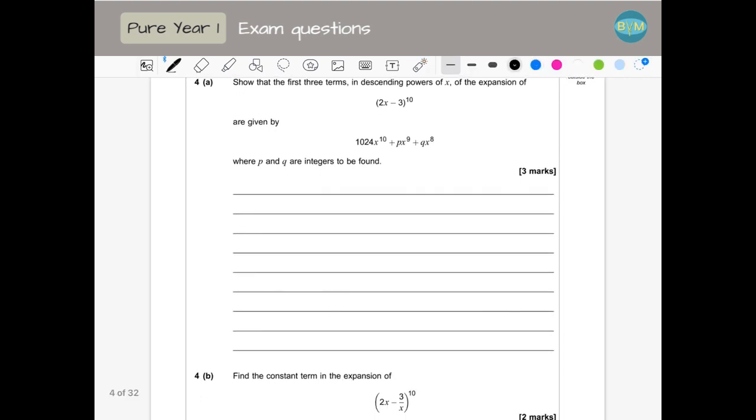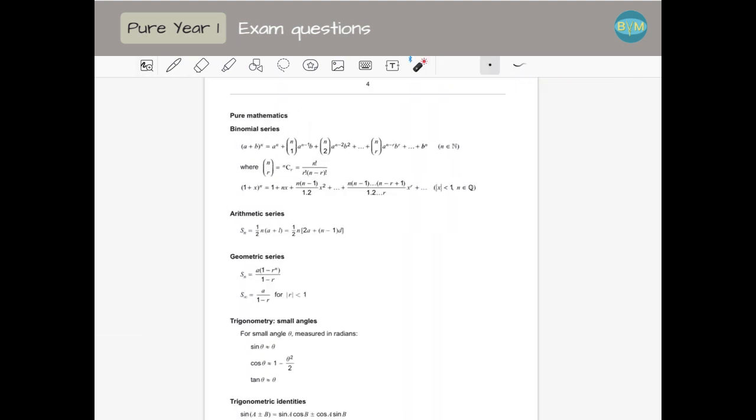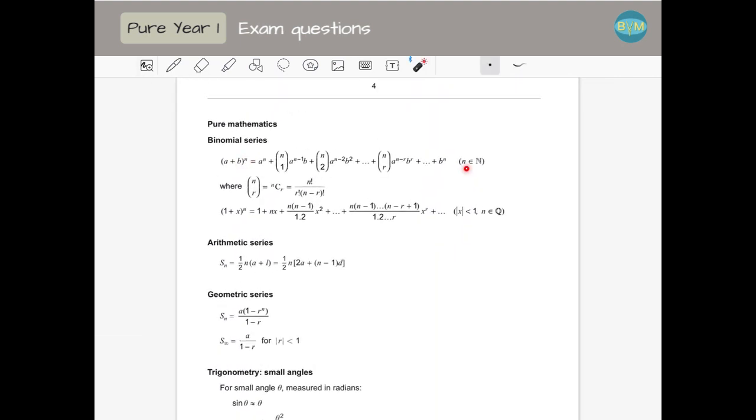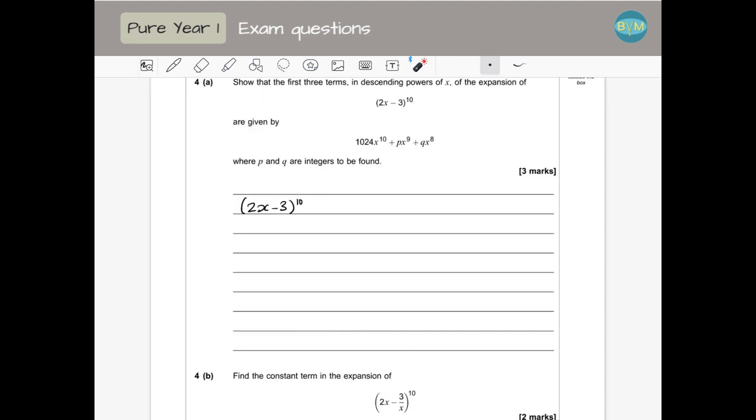Remember, you have the formula in the formula booklet. So we have 2x minus 3 to the power of 10. So the formula is here in your formula booklet. You have the binomial expansion when n is a natural number, which is the case in this question.